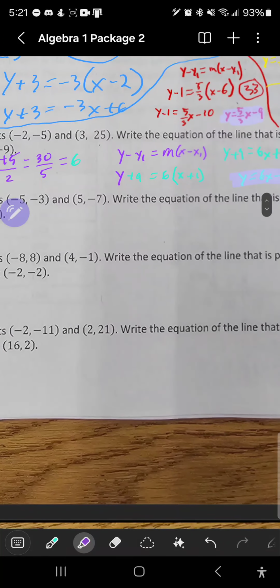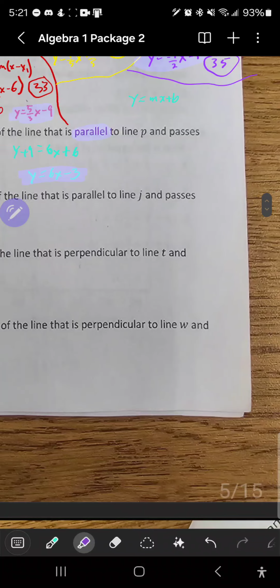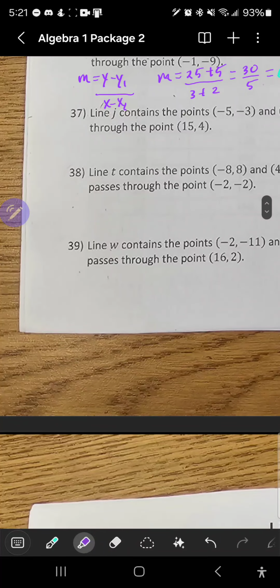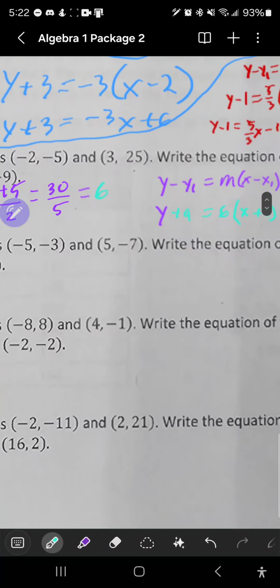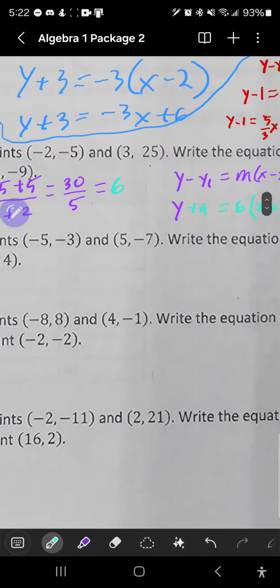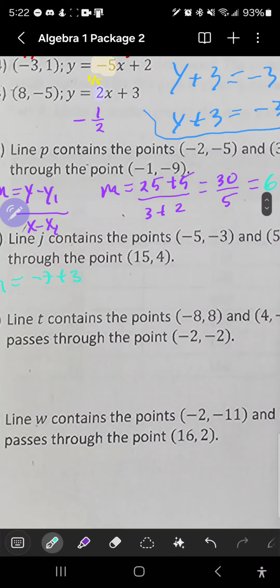Line J contains the point. Now write an equation to a line that is parallel and passes through the point. Okay, that's basically the same way we did before, so I'm going to go a little bit quicker. We have the m going to be equal, in this case, to -7 plus 3. You see, minus minus is plus.